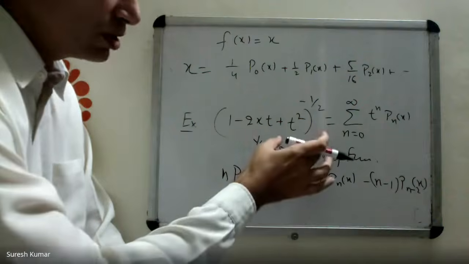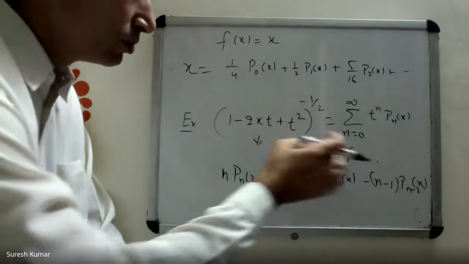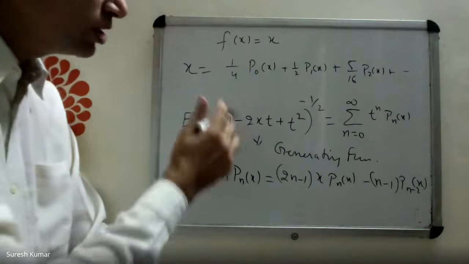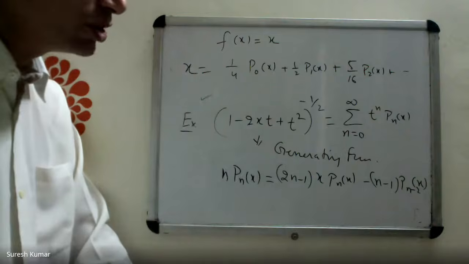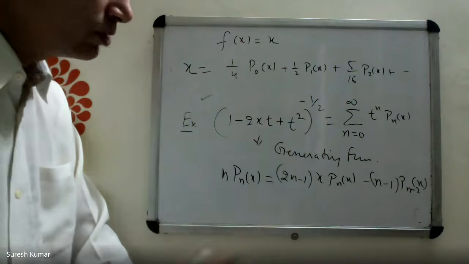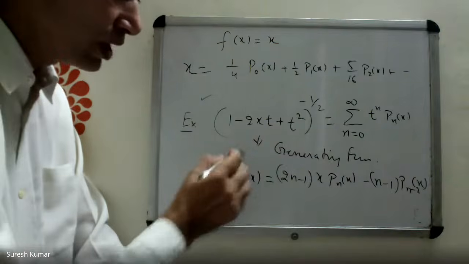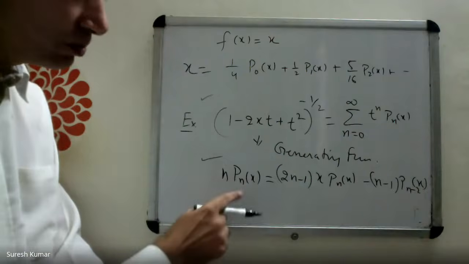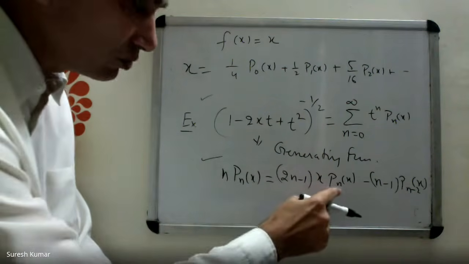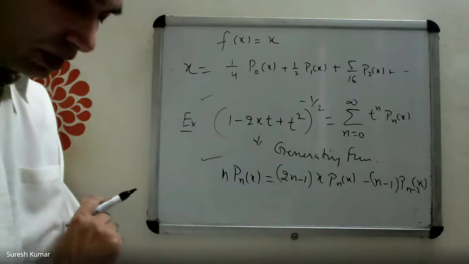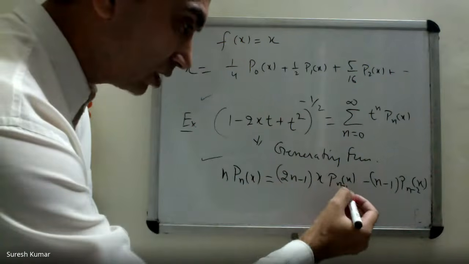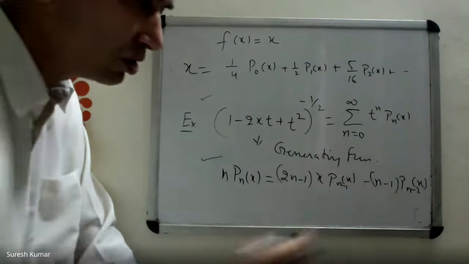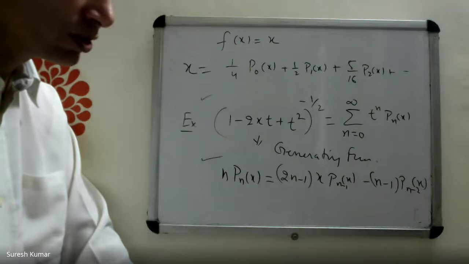From this generating function, you can prove a very important relation called the recurrence relation of Legendre polynomials. Why recurrence relation? Because Pnx is written in terms of Pn minus 1 and Pn minus 2. So you can express any Legendre polynomial in lower order Legendre polynomials using this.